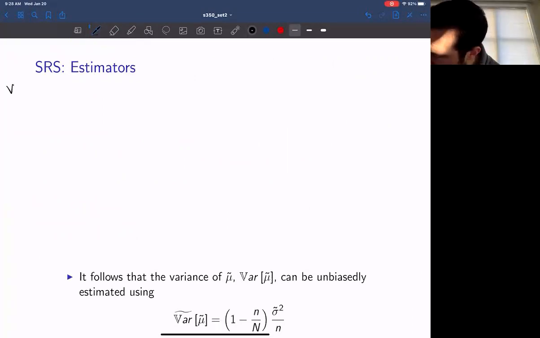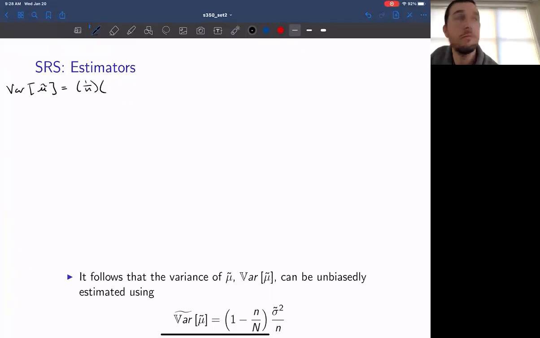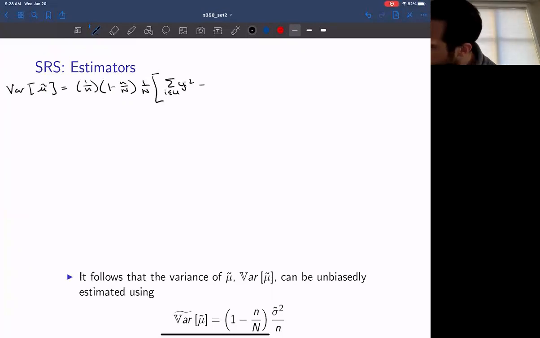We can write the variance of mu tilde is equal to 1 over little n, 1 minus little n over capital N, multiplied by the sum of i in u of yi squared, minus the sum of i not equal to j, i, j in u of yi yj divided by capital N minus 1.